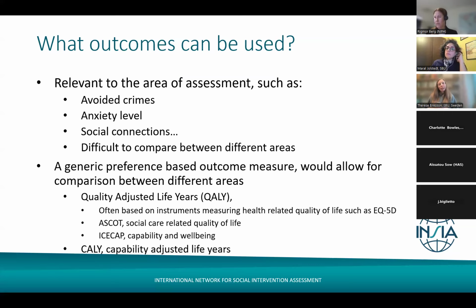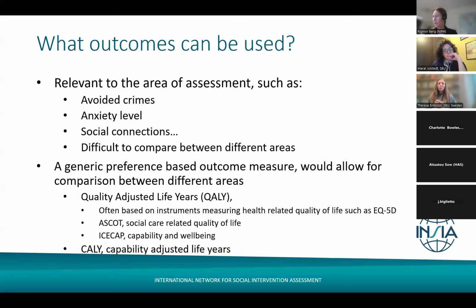The standard in health economics is to use quality adjusted life years, but usually those instruments measure health-related quality of life, and that is a problem within social care since maybe other aspects are important as well, not only health-related quality of life.